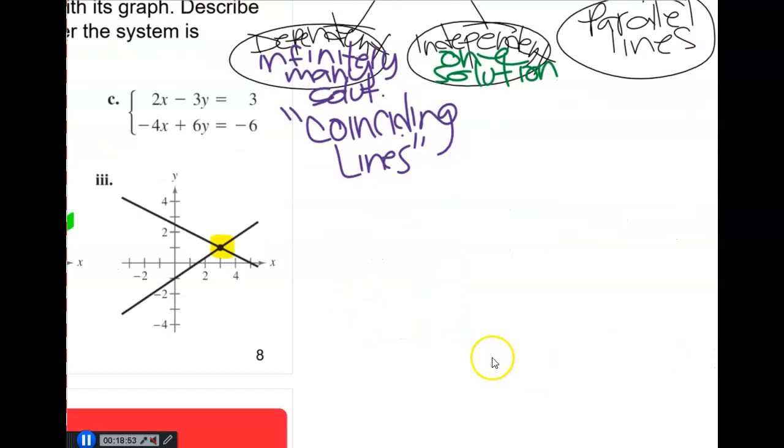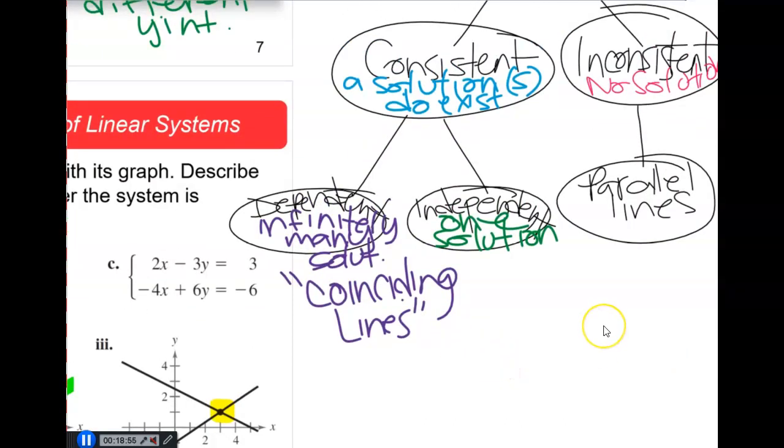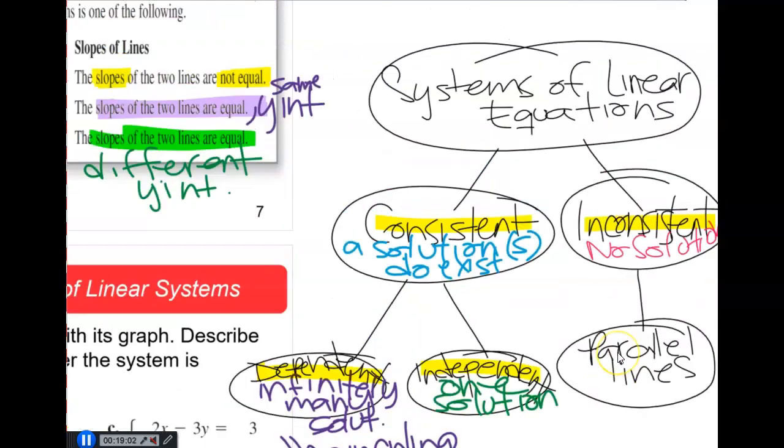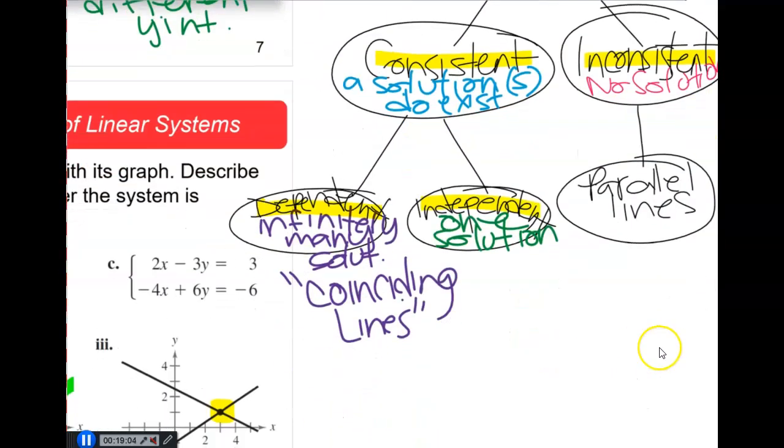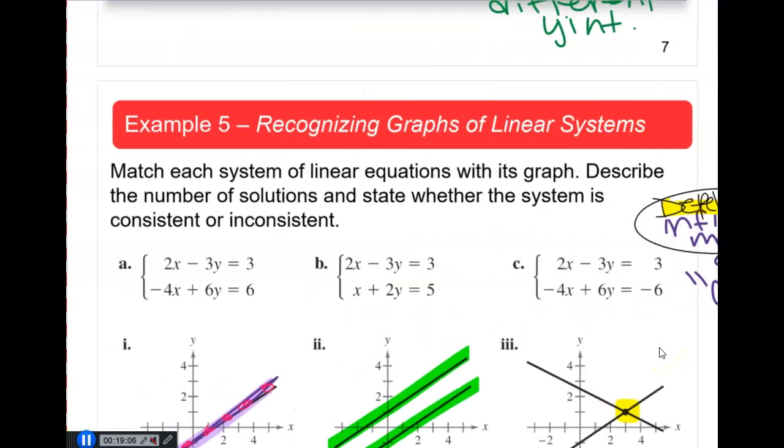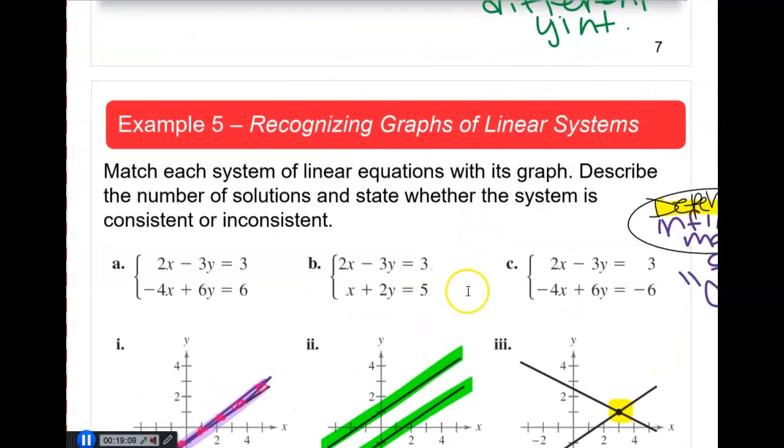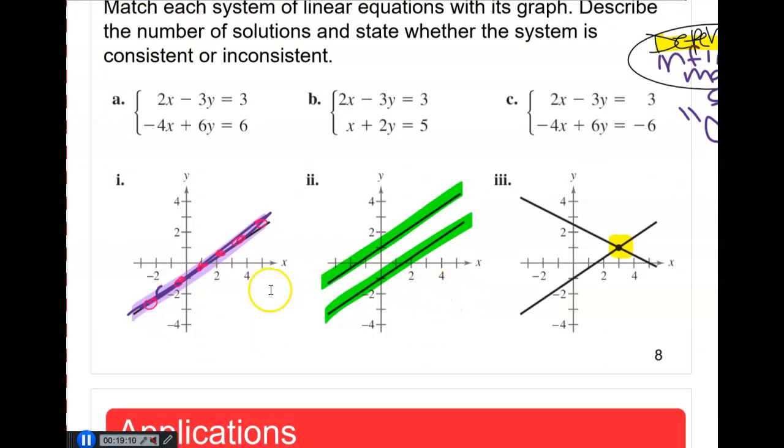Based on those words, consistent, inconsistent, dependent, independent, we're going to be classifying the systems that we have here on the left side of the slide. If we look at the images, that's pretty easy because I already went over that.